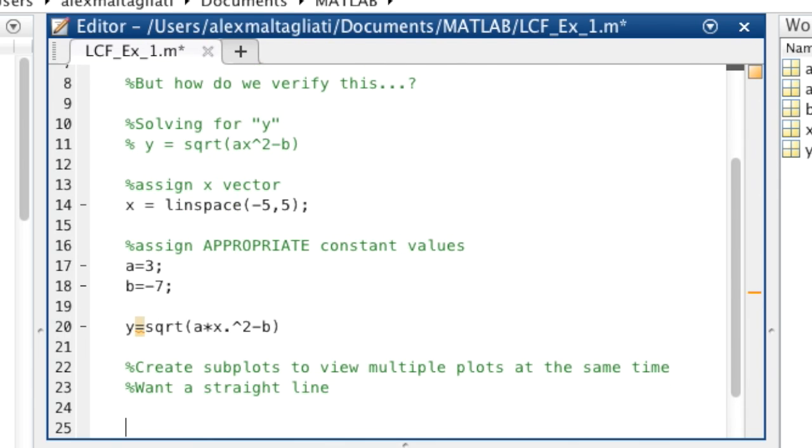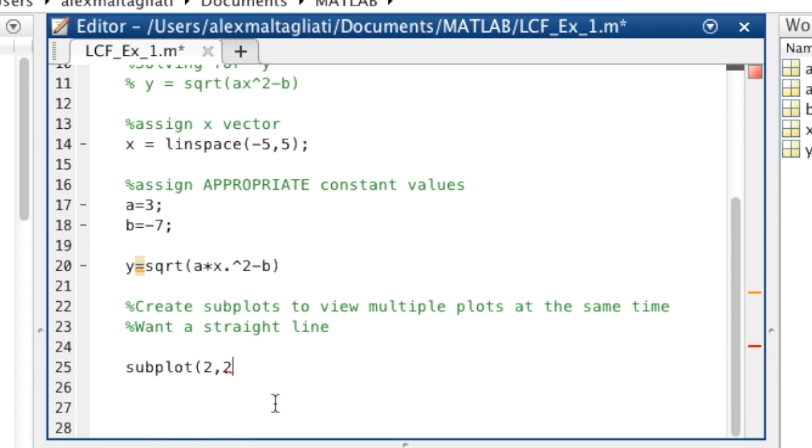So the subplot command gives us multiple plots, and the first entry, you're going to have rows by columns. So 2 by 2 will be creating a 2 by 2 matrix of plots. And then the first entry is rows, then columns, and then the third entry is going to be which plot we're creating. So it'll be the first plot.